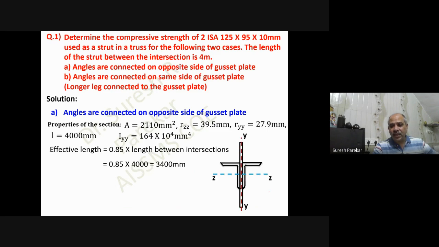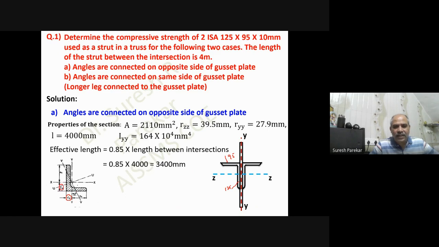Then we have the section in this way. We have this as the longer leg, that is 125, and this as 95. You can see this now. For the longer leg we have this CY, and for the shorter leg we have the value CX.